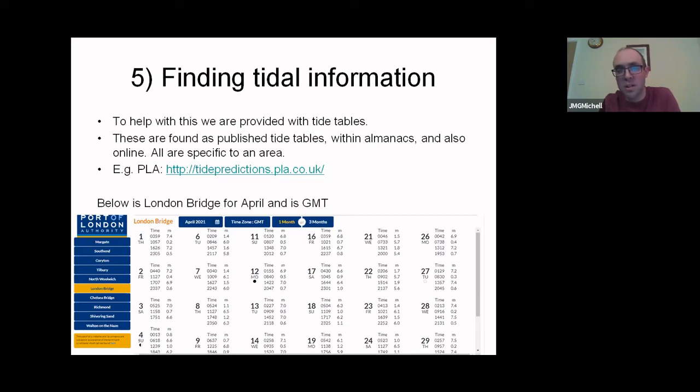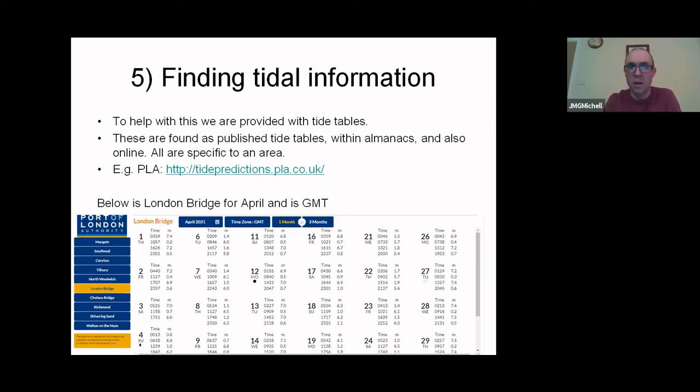So what this is saying is that at 5:24 GMT at London Bridge, the water is predicted to be 1.1 meters above that lowest chart datum low water, and that high water will be 6.5 meters above that. So the tidal range there is, what's that, 5.4 meters. So we know that we're on neaps at the moment because that's pretty low.